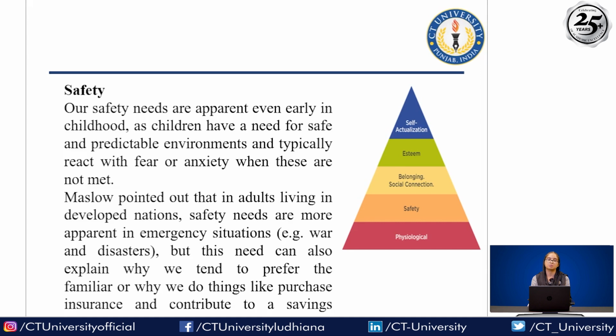This can be through getting insurance against any kind of risks in his life, or developing a good house, living in a good society, so that he feels safe and secure. Maslow pointed out that adults living in developed countries have more safety needs. However, these safety needs are disturbed when there is any emergency kind of situation. So this is generally met through buying insurance or contributing to bank accounts.